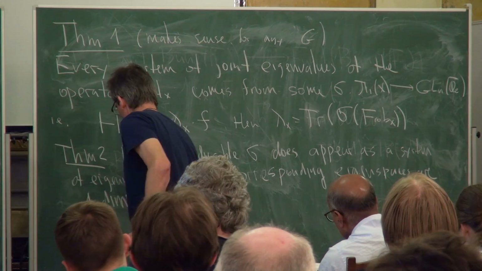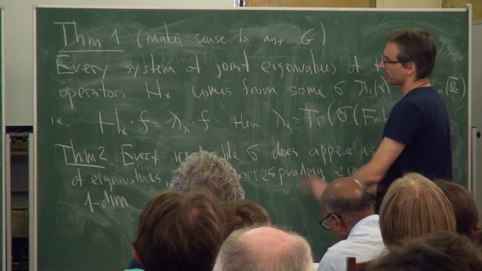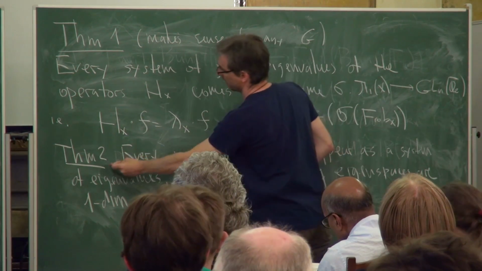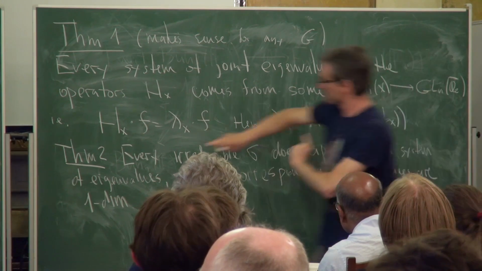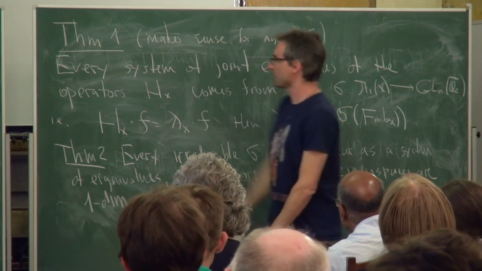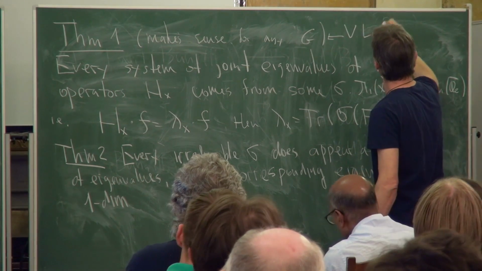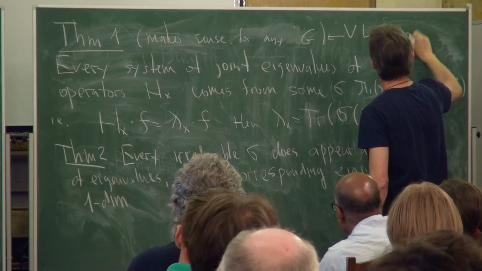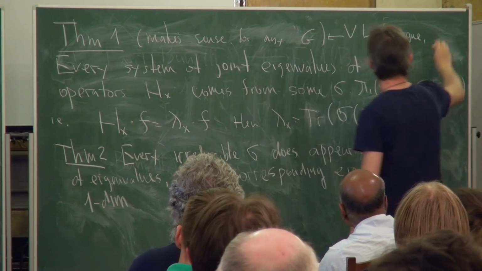Let me put some attributions. For GLN, theorem 2 is obviously stronger than theorem 1, but as I said, theorem 2 is specific to GLN, and this is general. This is Vincent Lafforgue, in 2013, though this paper underwent a series of evolutions.